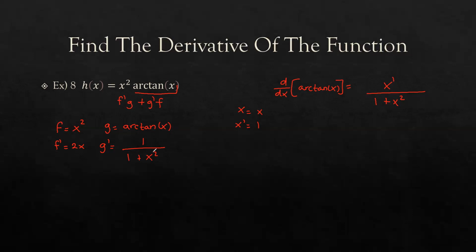Okay, then h prime of x is f prime, which is 2x, times g, which is arc tan of x, plus g prime, which is 1 over 1 plus x squared, times f, which is x squared.